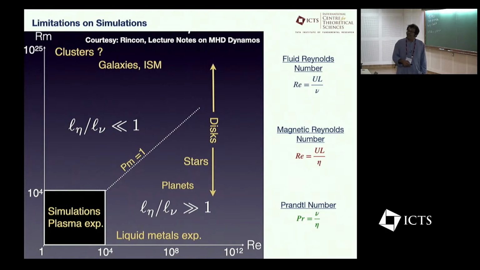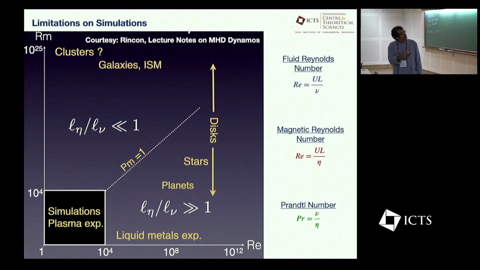Now, to understand this question, simulations are tough, and I'm trying to motivate that it's a good idea to get away from simulations of those equations in this problem. That's because in most realistic settings, you are spanning a large range of the fluid Reynolds number and the magnetic Reynolds number and the ratio thereof.